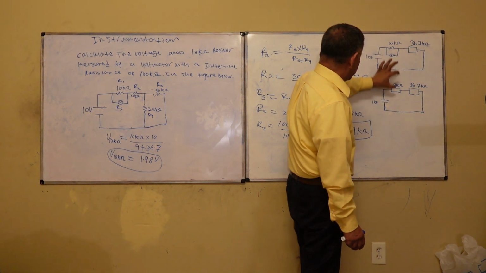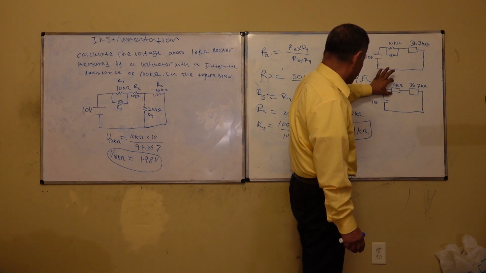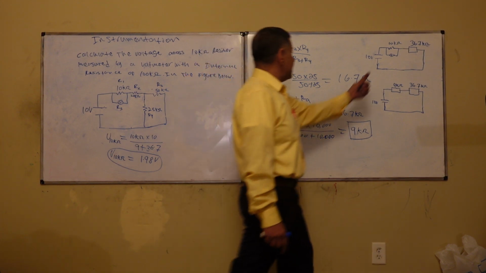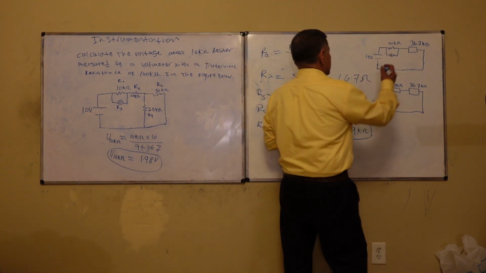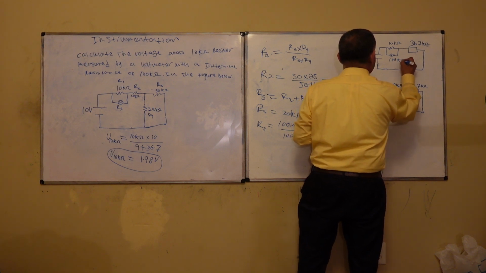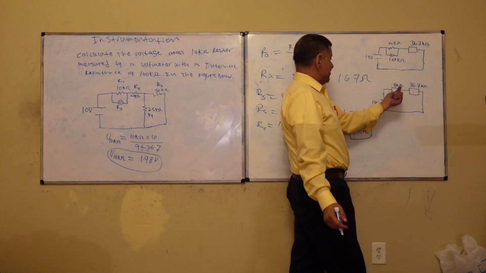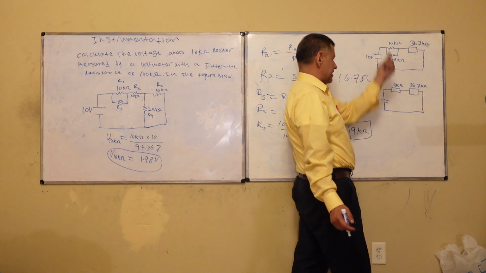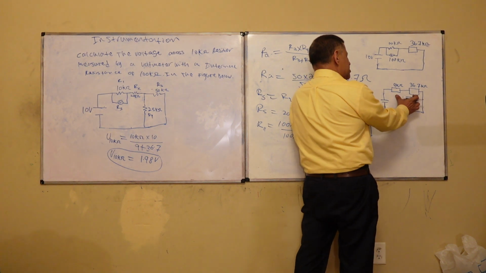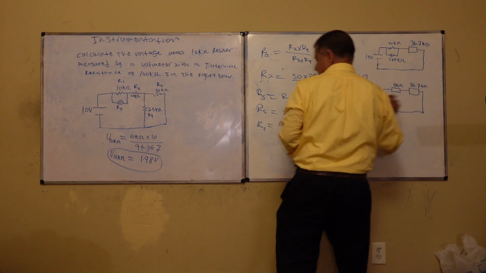And then we did the parallel on this. Once we did the parallel on this, we simplified the circuit to 9 kilo ohms. And why did we get 9 kilo ohms? Well, this was 100K and this was 10K, and I know that's right because the result is less than that 10K. So now we have two resistors in series. Then we did the voltage divider to find the voltage.